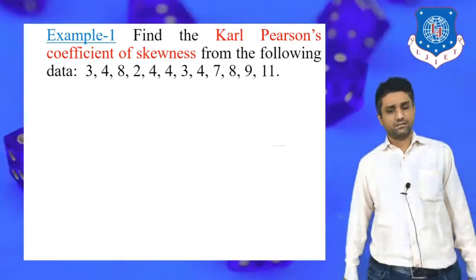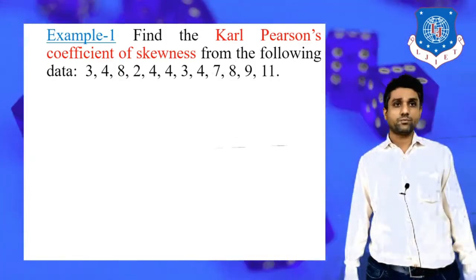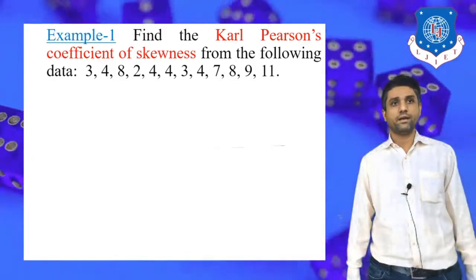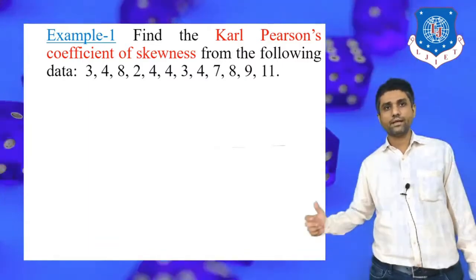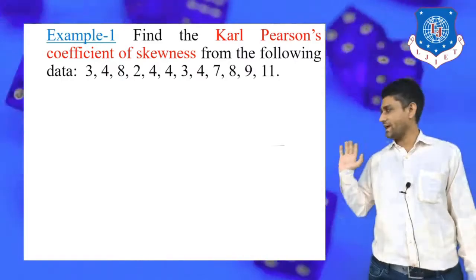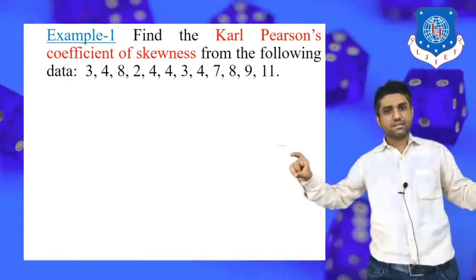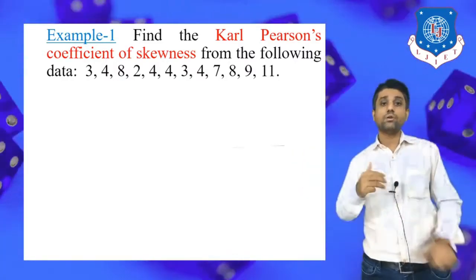Say the observations are given: 3, 4, 8, 2, 4, 4, 3, 4, and so on up to 11. You have to see carefully that only the observations are given. The corresponding frequency is not given.